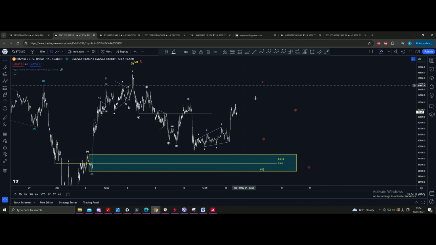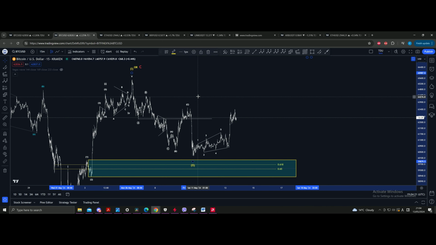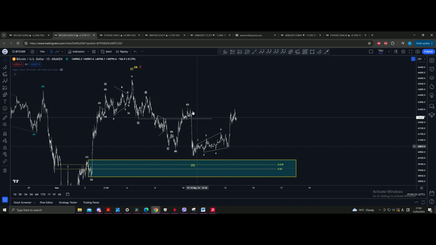Another way to look at this would be, since we have a motive here, we have an impulse, well, one can say that this was a move. Do I like it? No. Does Bitcoin care?